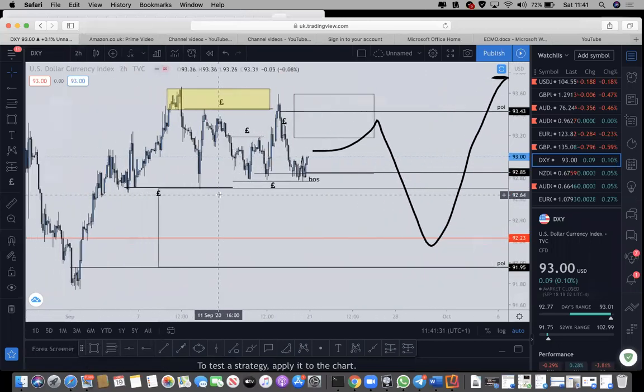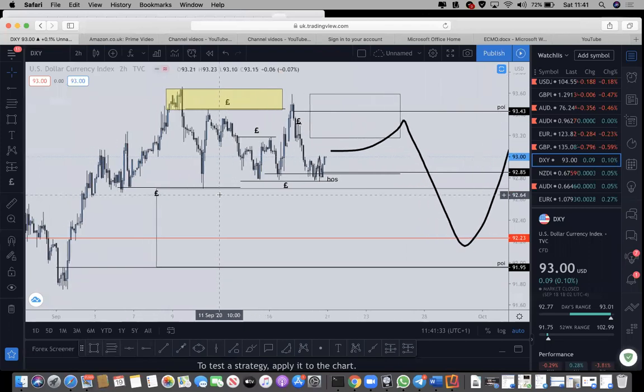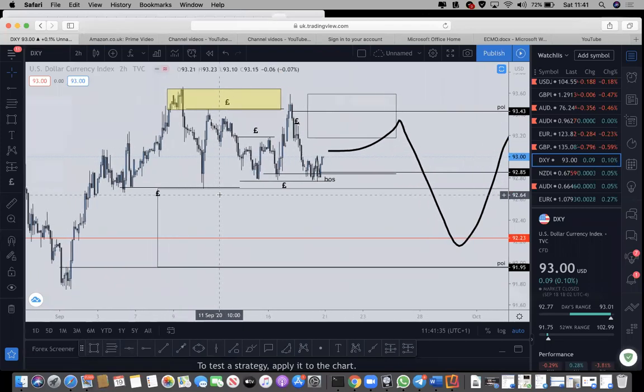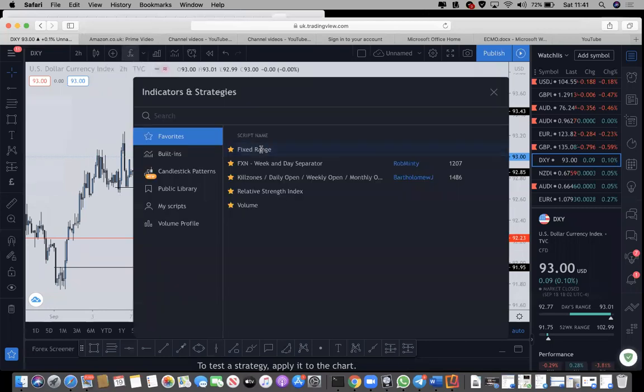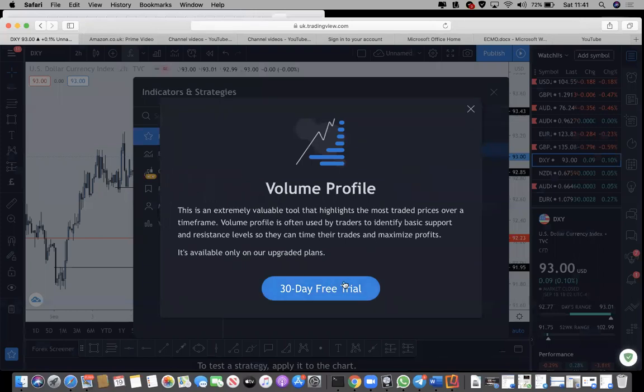Excuse me, sorry, Francis. Can you give us an example of that fixed range indicator, please, so we can see what you're talking about? I don't have a premium TradingView, so I won't be able to use it. But if I had it, and I go to my indicators and select it, I don't have it, so it wouldn't even allow me to take it.